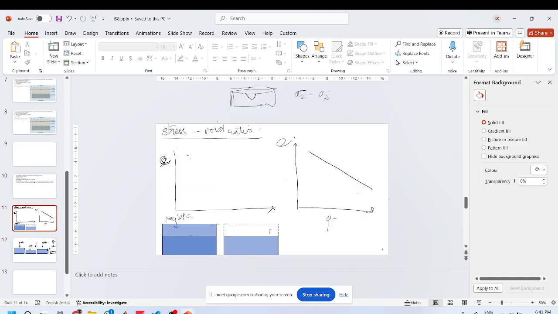That is what happens, if you see here, in the e versus log P graph. If the soil is normally consolidated, if the soil has not seen this mean pressure in its history, it will compress like this.